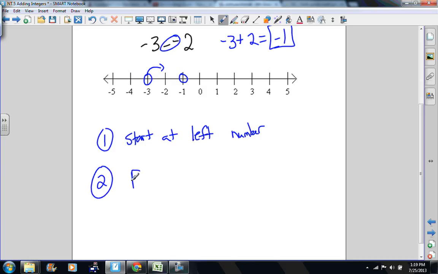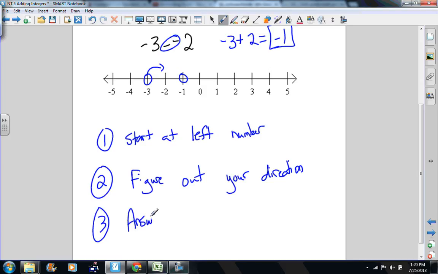Step 2 is you figure out your direction. So for this problem here, we had 2 negatives in the middle next to each other, so we had to change that to a positive because 2 negatives cancel each other out, and you have to go to the right. On a problem where they turn into a negative, you'd have to go to the left. And then step 3 is you just answer your question.